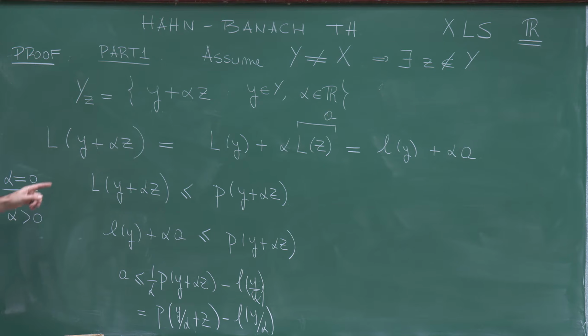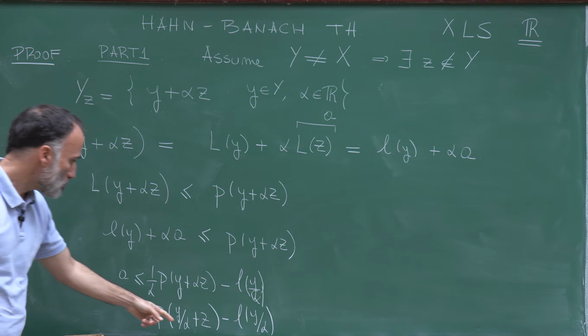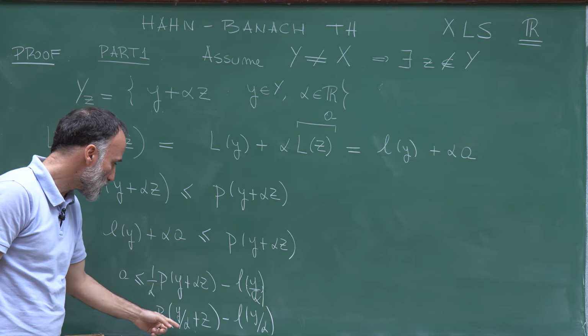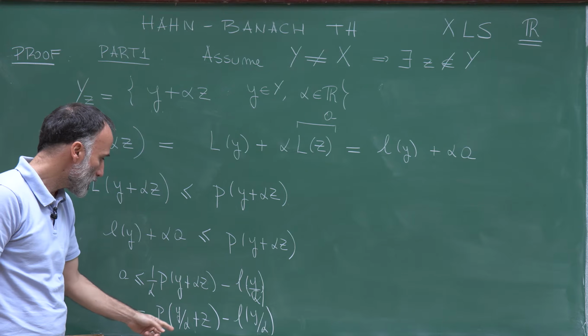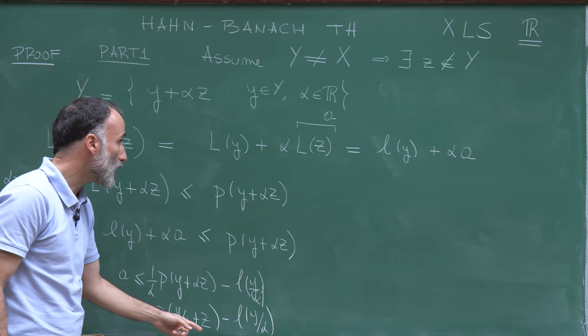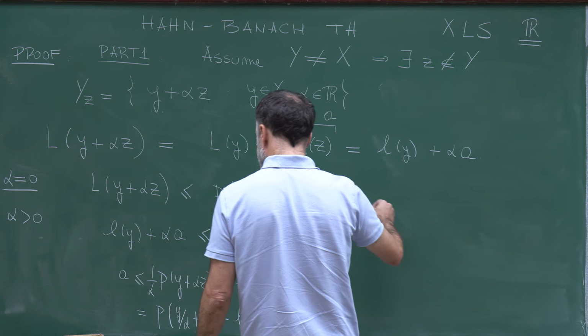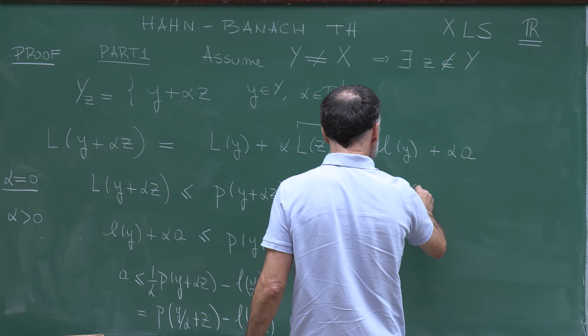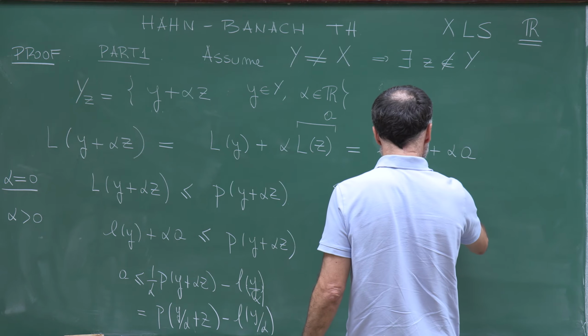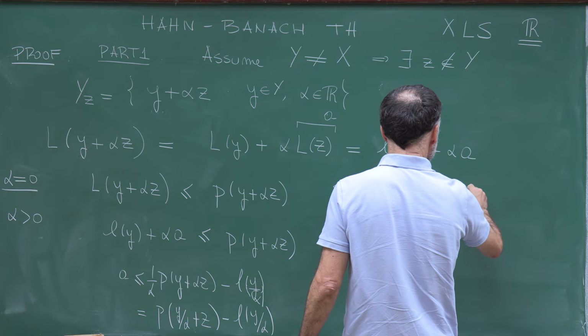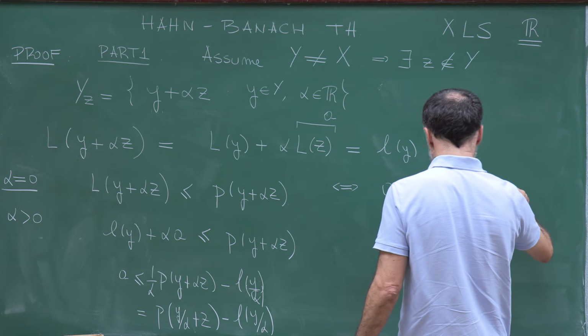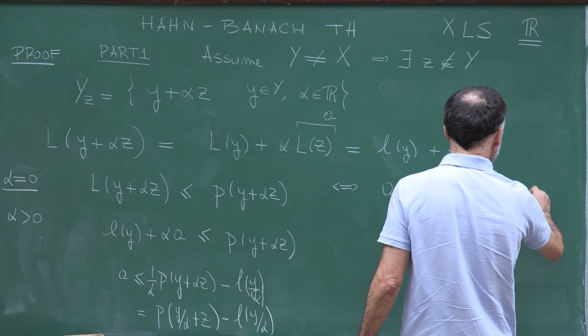And this has to be satisfied for all y and all alpha positive. But, well, since I'm taking all y, I don't care about alpha, this is satisfied if and only if a is less or equal than p of y plus z minus l of y for all y.